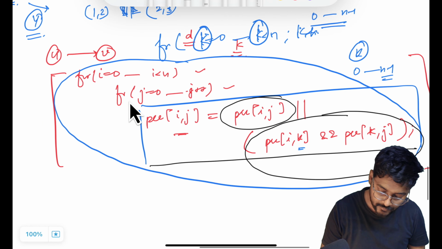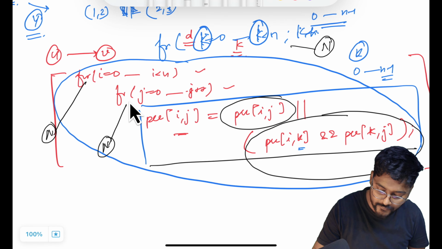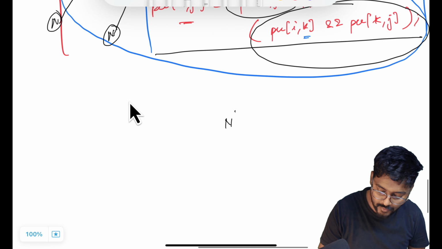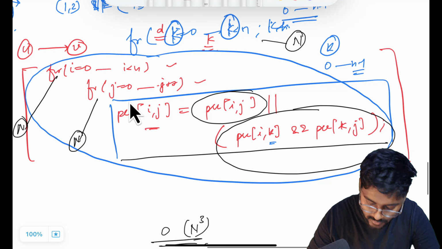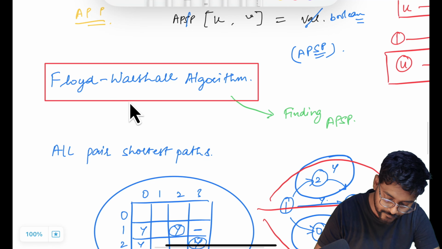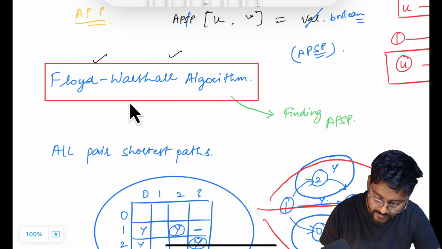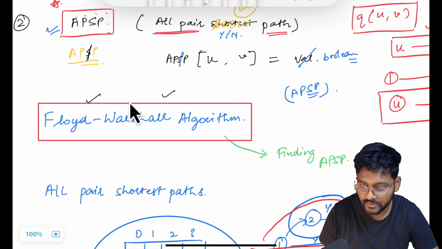Okay. Loop of size n, loop of size n, and this k is also of size n. So time complexity will be around n cube. So this is our Floyd Warshall algorithm, where we have modified it not to find the shortest path, but just to find the path.